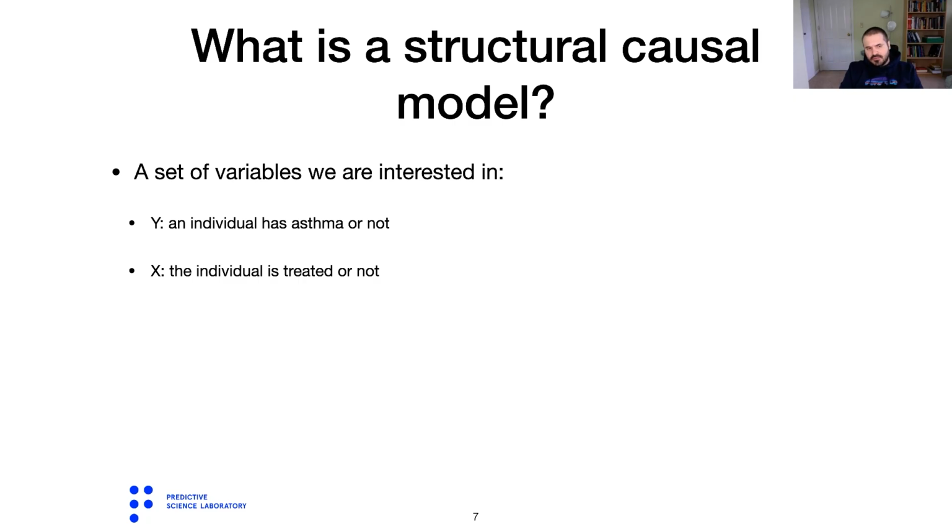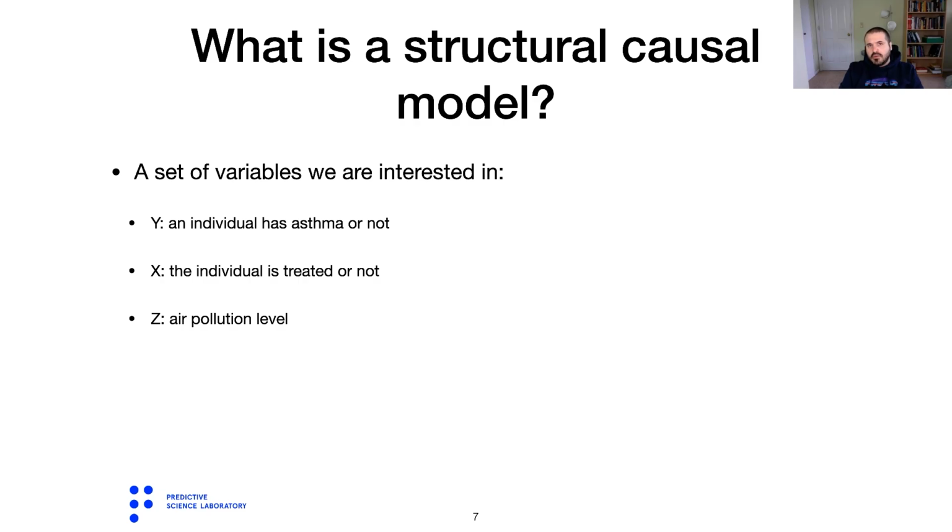That's pretty much it for the treatment and the disease variable. But maybe there are other things that affect whether or not an individual has asthma. Maybe there are other factors that cause asthma and/or affect whether or not the treatment is working. An example of that is the air pollution level, which we indicate here by z.